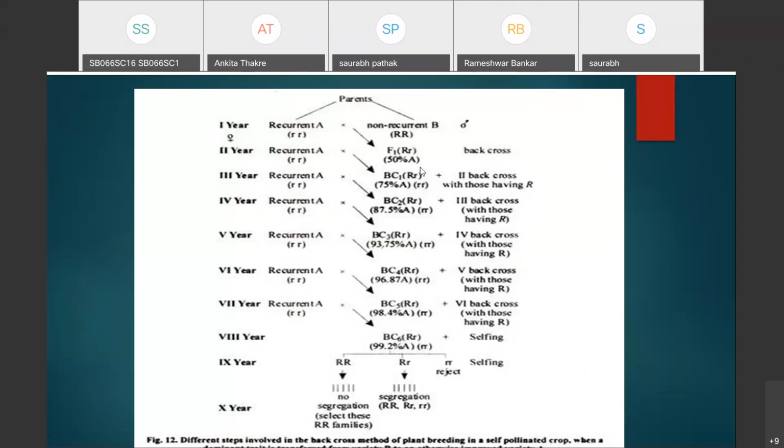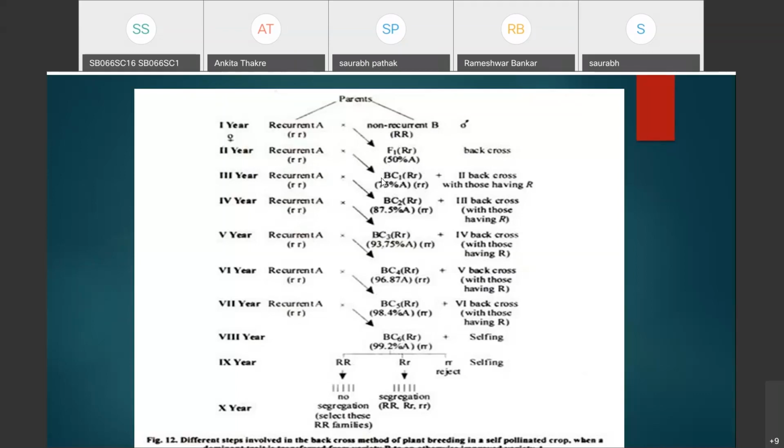I'm repeating this one. Different types of progenies will be produced in the F1 generation, but the progenies having the disease resistance capacity of the non-recurrent parent B are crossed again with the recurrent parent A, and this is called the backcross method. The progenies produced from this generation are called the backcross generation 1.